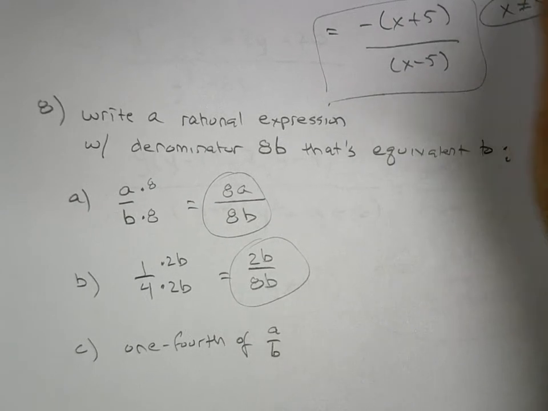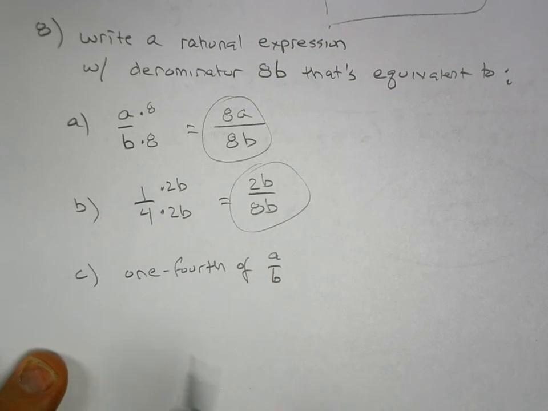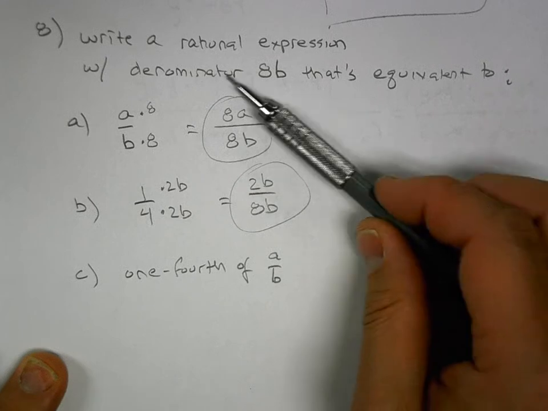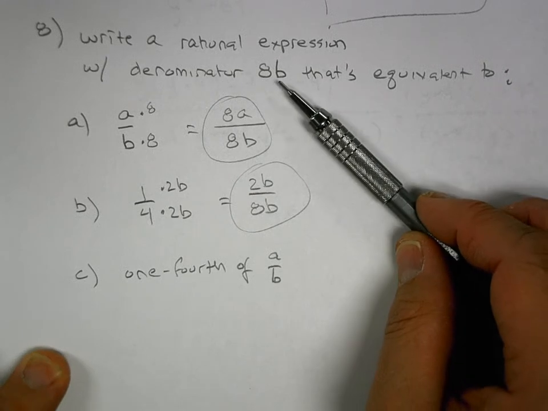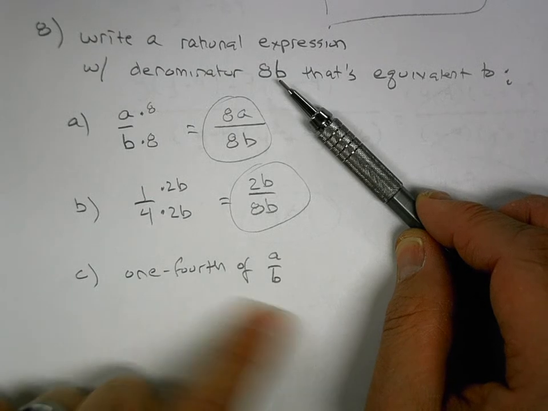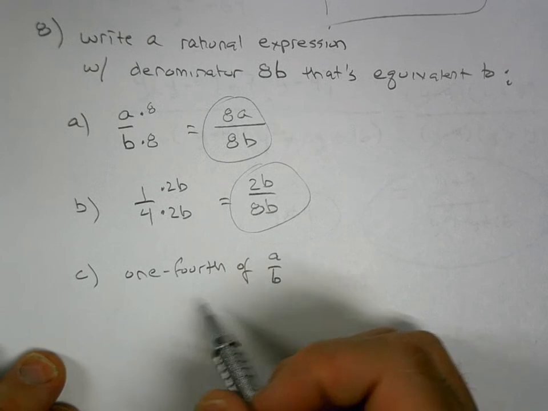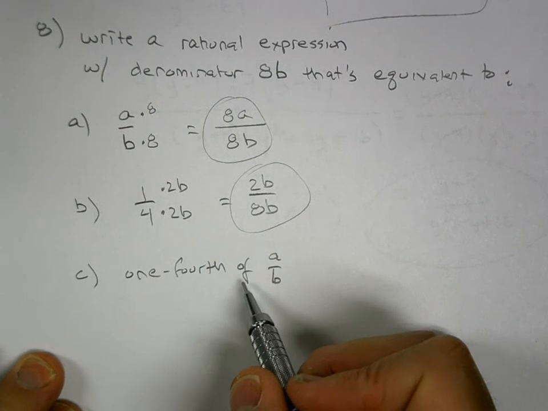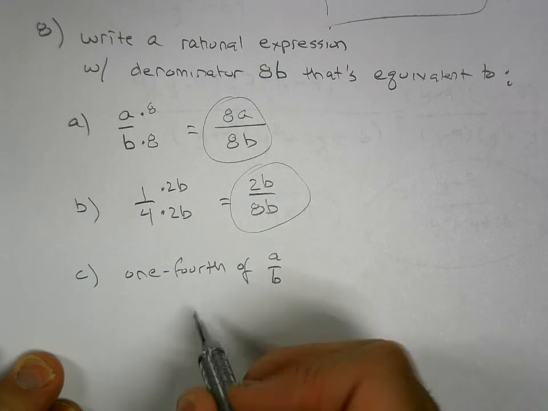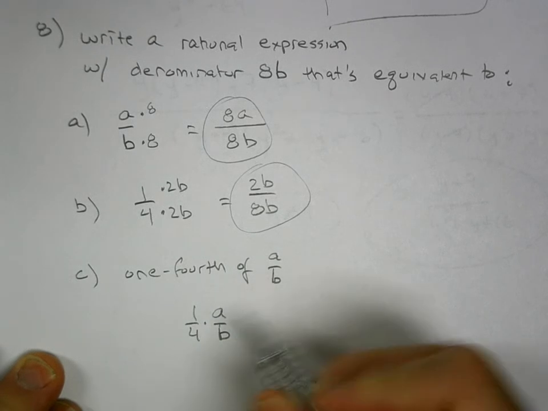What does that mean? So, same question. We want the denominator to still be 8b, but equivalent to 1/4 of a over b. So we got to write out what this thing is first. So 1/4, what does of mean in math? Multiply. There we go. So isn't this 1/4 times a over b? Okay, so write that. So I'm going to actually multiply this.